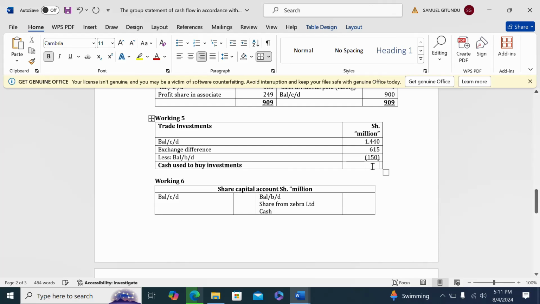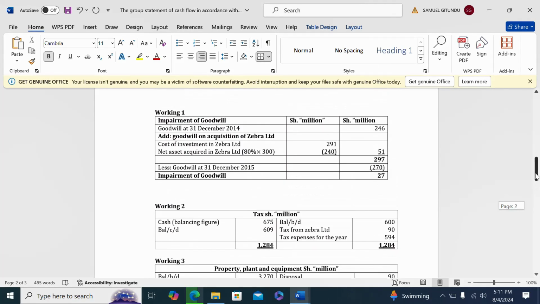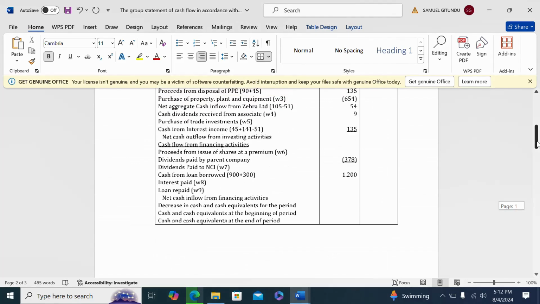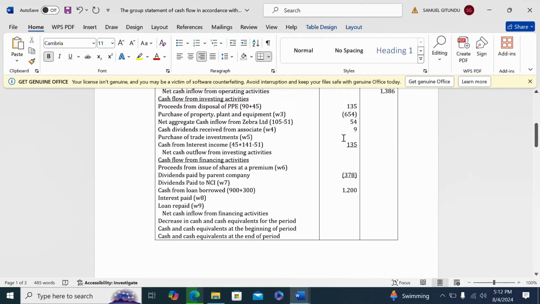So how much cash was used to buy those investments? 1440 plus 615 minus 150, I'm getting 1905. So that was the cash used to purchase investment, including the purchase of trade investment in foreign currency, $1905.